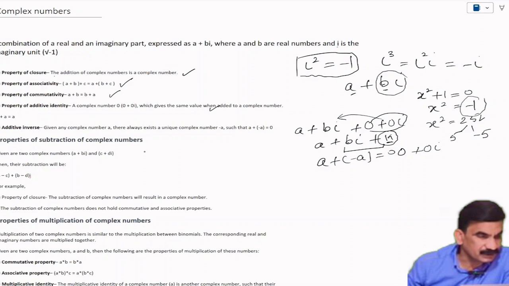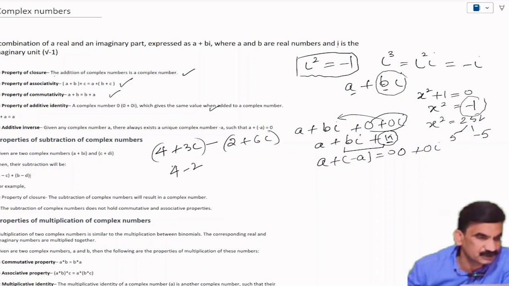Same is the case with subtraction, in case two numbers are subtracted. So suppose the numbers are 4 plus 3i and you want to subtract 2 plus 6i. Please remember, subtract real from real part, imaginary from imaginary part. So it should be 4 minus 2 plus 3 minus 6 times i.